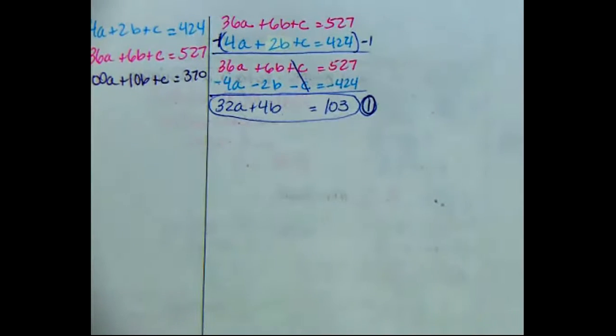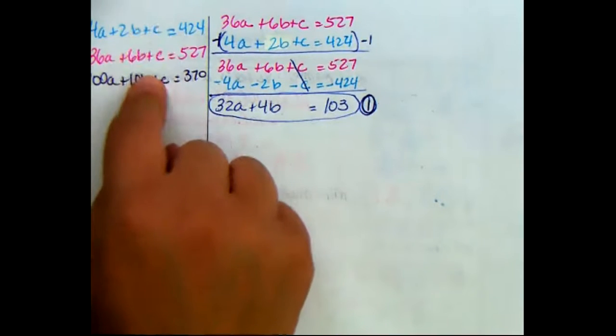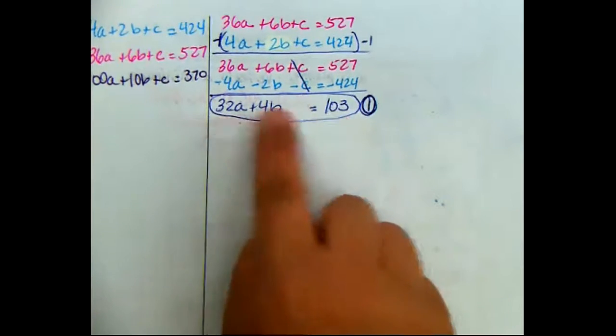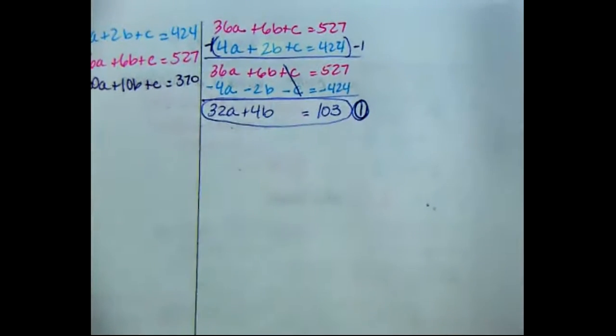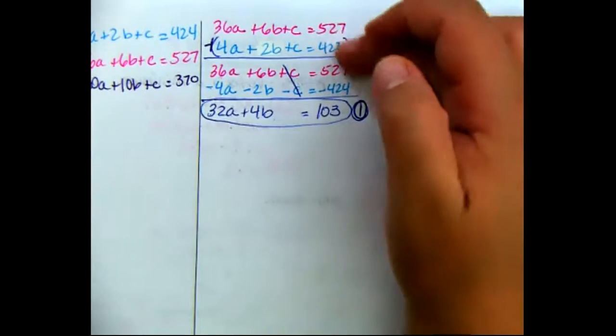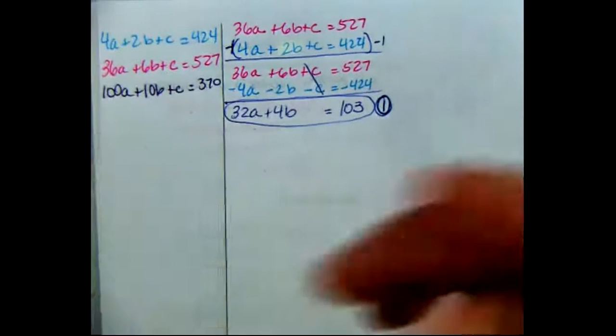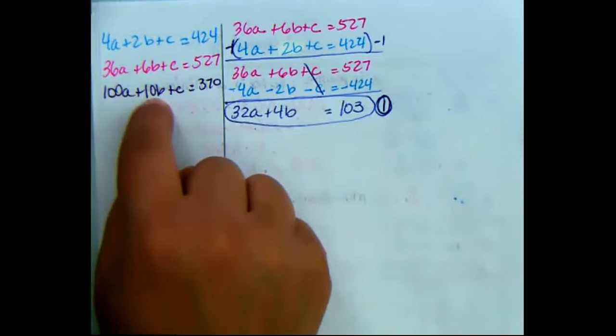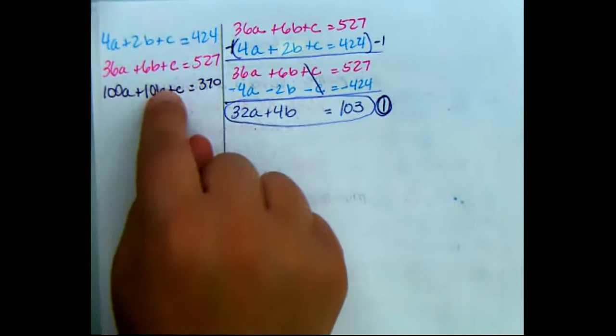Okay. So now I want to use another set of two equations from here and again get rid of the C so that I can get another equation with just A and B in it. I can take any combination as long as it's not this same combination. So I can do these two right here, the pink and purple, or the blue and purple, right?